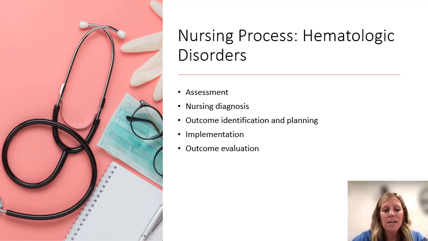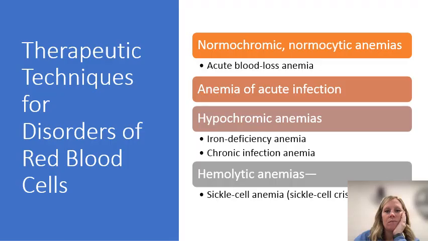We want to make sure they're well aware of the interventions that are going to be taking place: tons of blood specimens, lots and lots of blood draws, possibly lots of blood transfusions, making sure that we're using our EMLA before any finger sticks or venipunctures. And then outcome evaluation: we're going to need to be able to change the plan of care as needed.